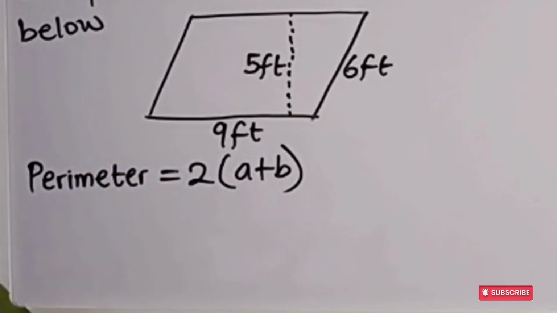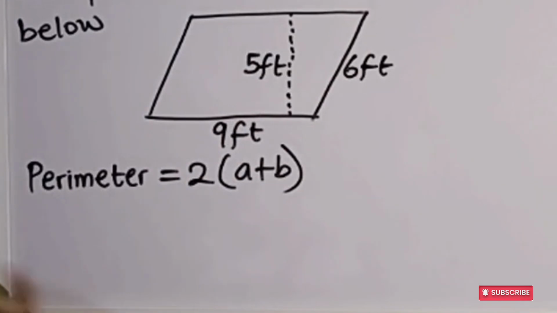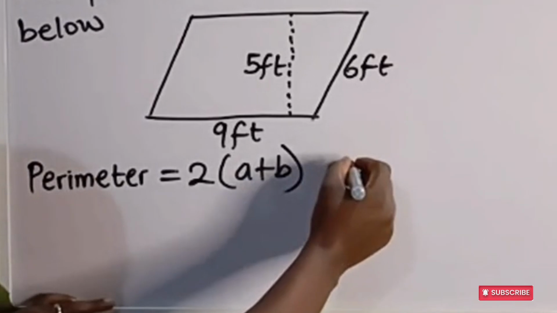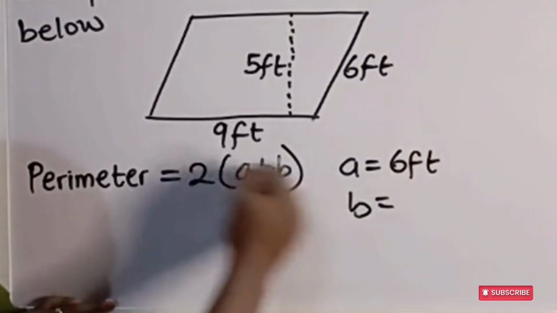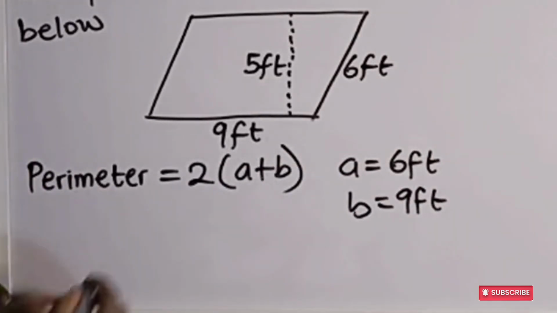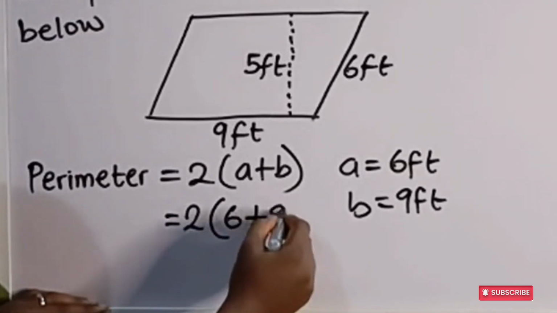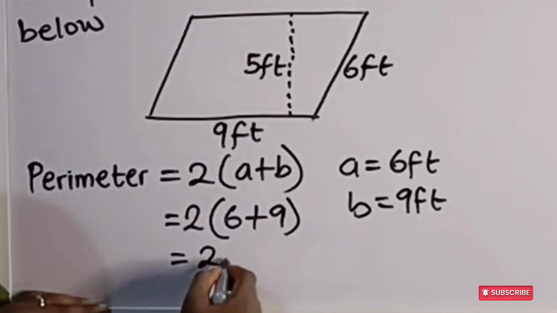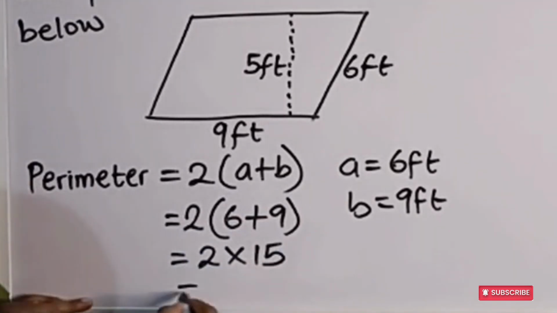So what is our a? Our a is the slant height. So for the perimeter, we are using the slant height. For the area, we use the vertical height. So a is equal to 6 feet. B is still 9 feet. So this gives us 2 brackets 6 plus 9, which is 2 times 15. So the perimeter is equal to 30 feet.